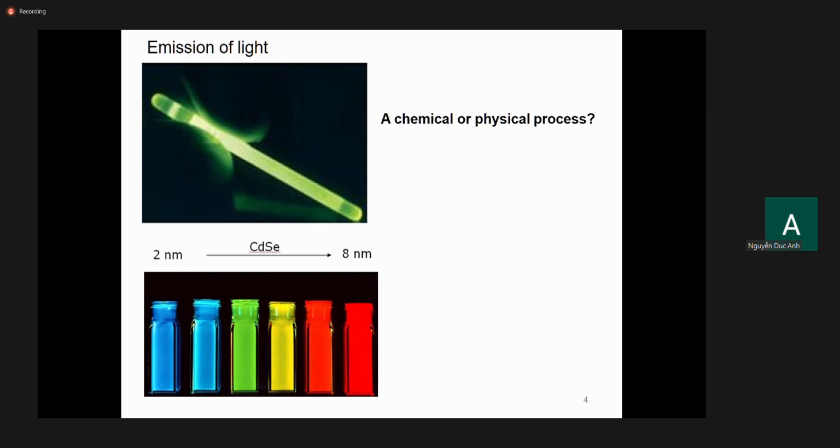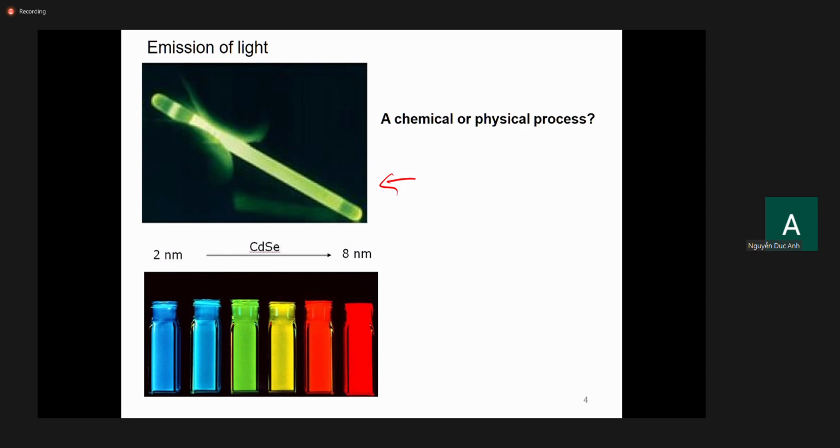This is a luminescence process. This may be a chemical change because you need to prepare a new molecule with those properties.